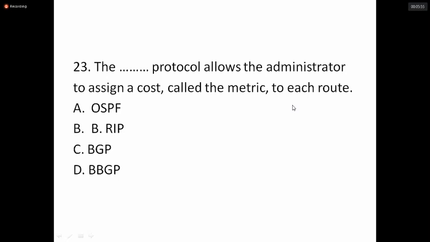The dash protocol allows the administrator to assign a cost called the metric to each router. Which protocol? Why are you taking so much time?